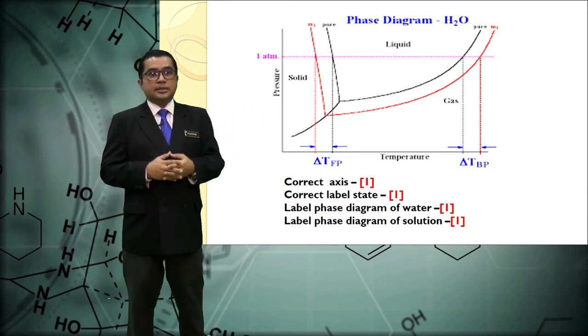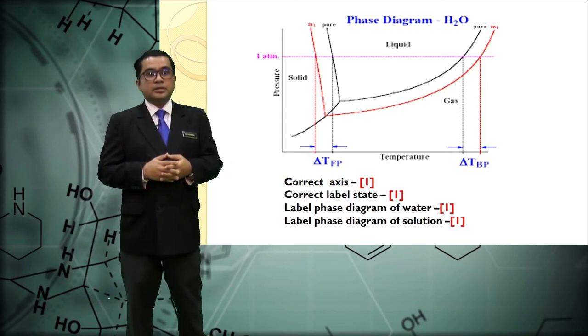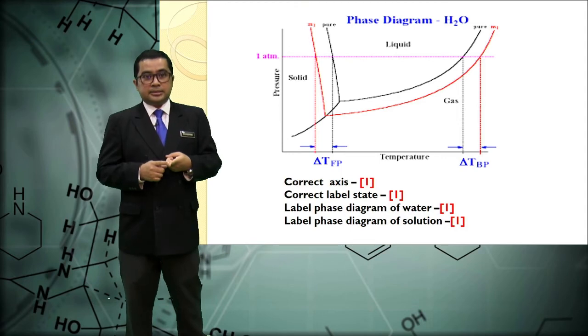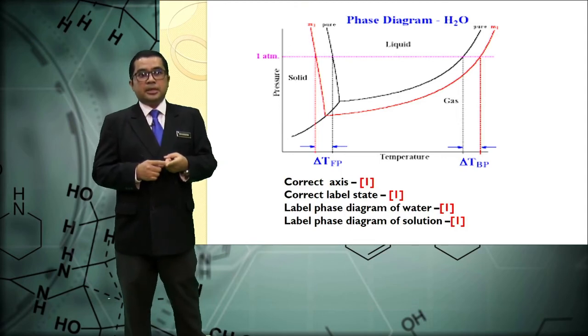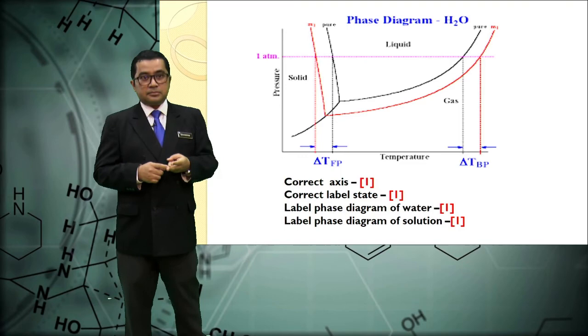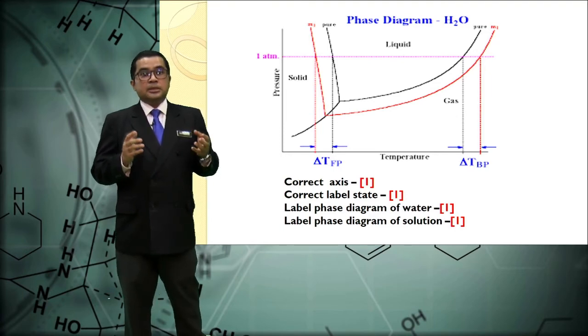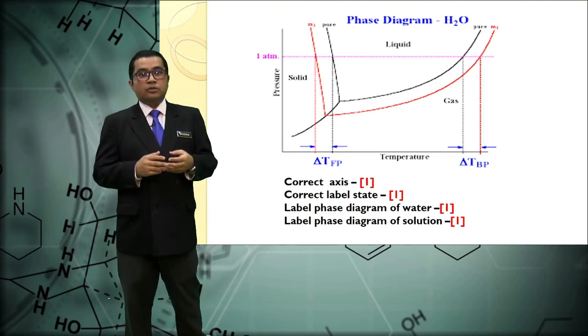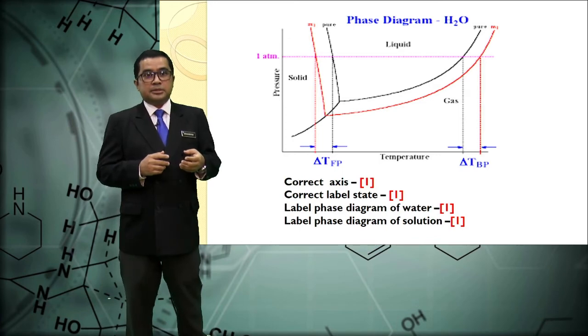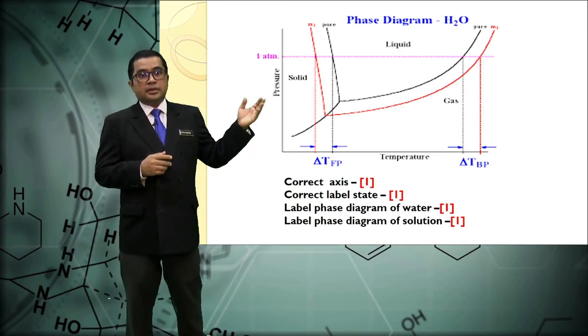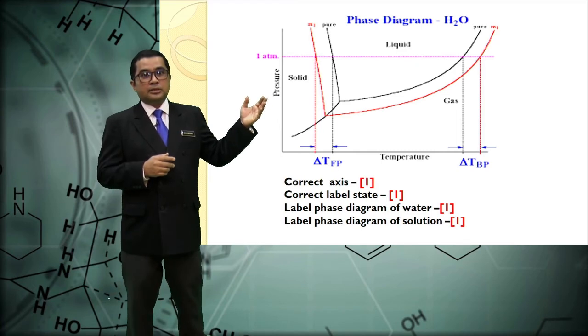For the marks given for this graph, for the first one you have to give the correct axes. Make sure it is P against temperature. That is for the first mark. For the second one, you have to label the states of water, for example the solid, liquid, and gas.